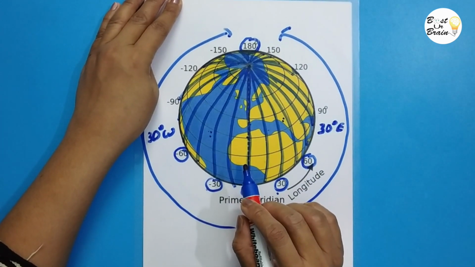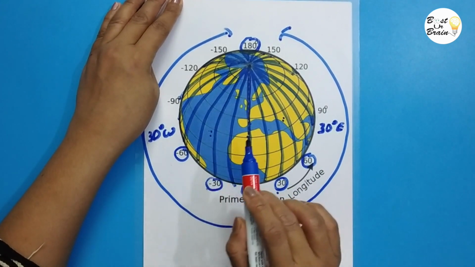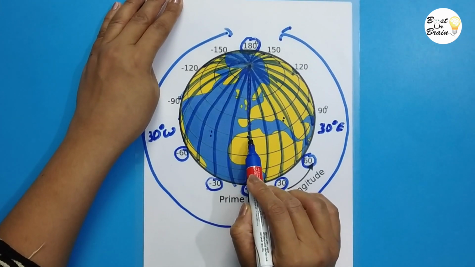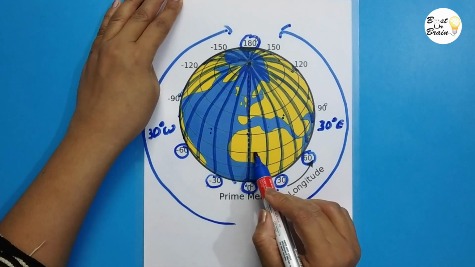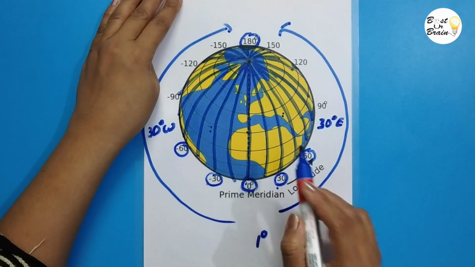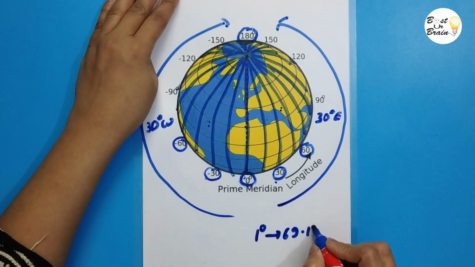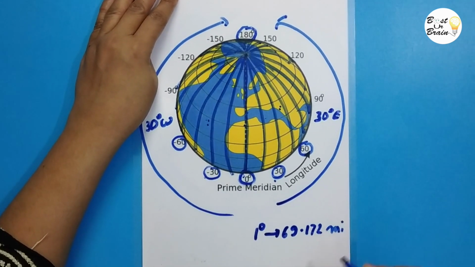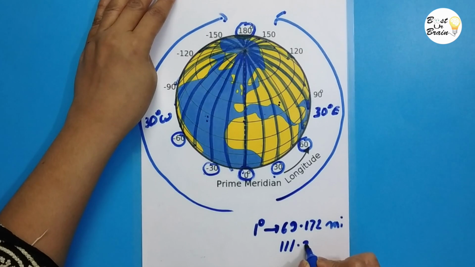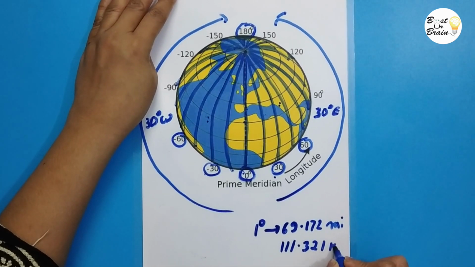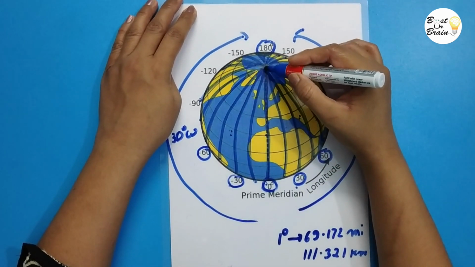Thus, the longitude of a place tells us how much east or west of the prime meridian the place is located. A degree of longitude is widest at the equator at 69.172 miles, which is 111.321 kilometers, and gradually shrinks to 0 at the poles.